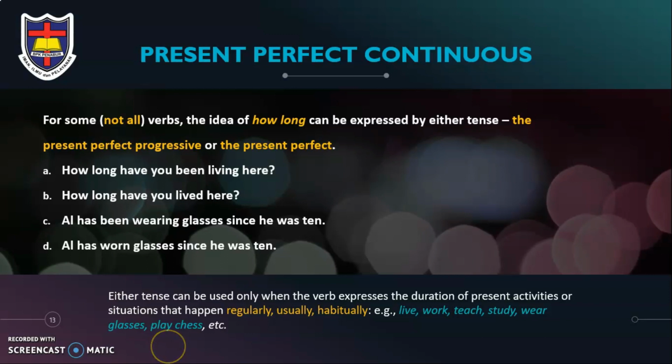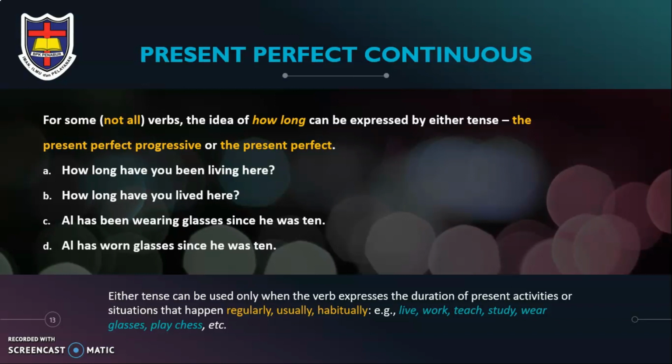Yeah. On the slide, we are going to talk about how long. For some, it means for all verbs, the idea of how long can be expressed by either tense, present perfect progressive or past progressive. How long have you been living here? Or how long have you lived here? Or another example, Al has been wearing glasses since he was 10.